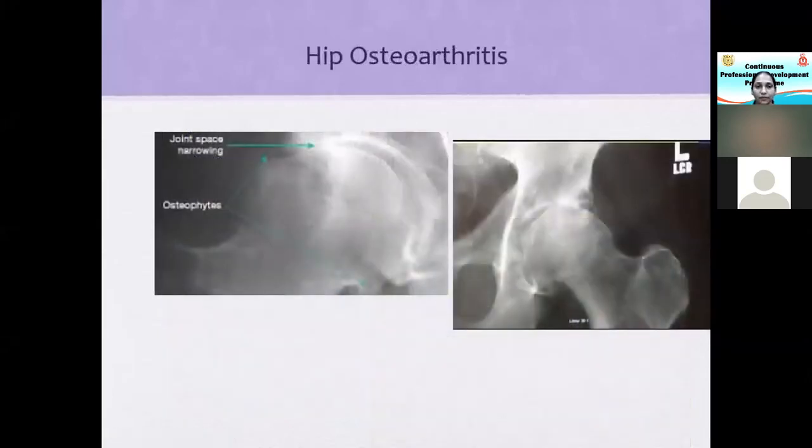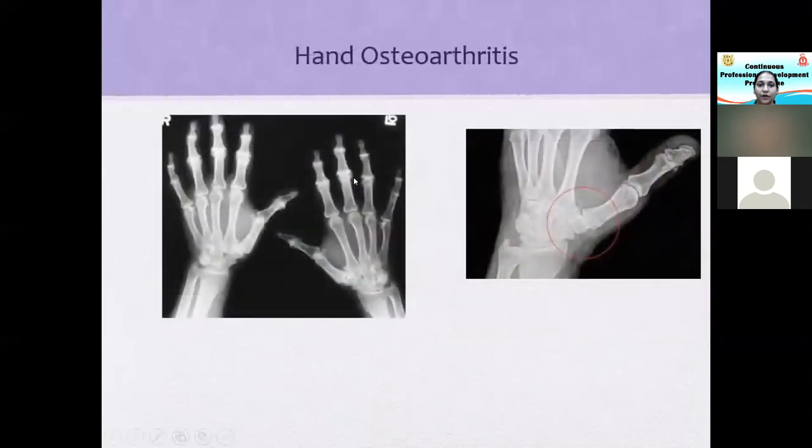The same in the hip joint, you see sclerosis, osteophytes, and narrowing of the joint space. Hands again, for CMC joint OA, we see subchondral sclerosis, narrowing of the space, and osteophyte formation.